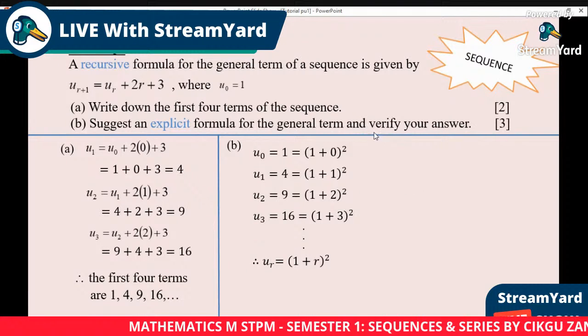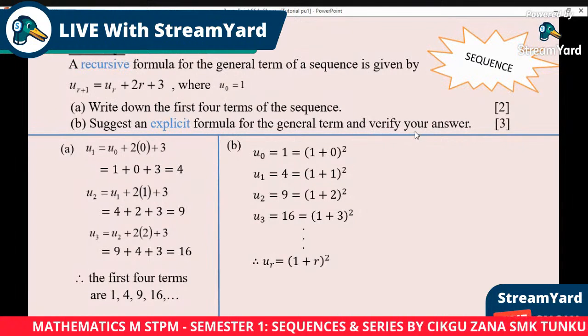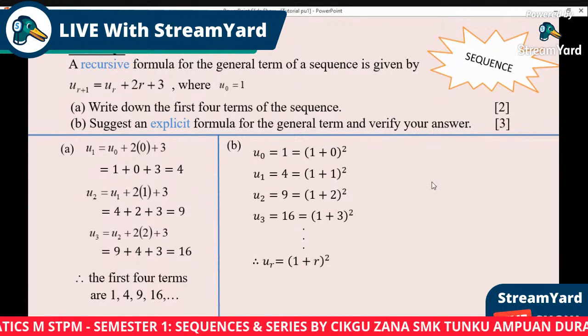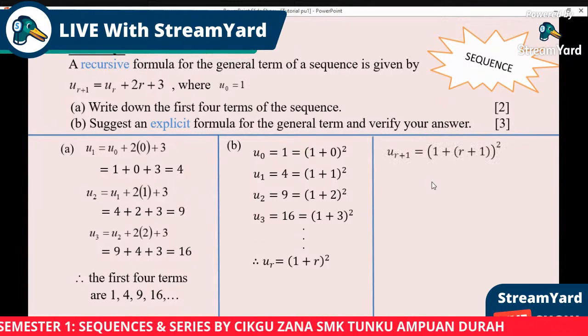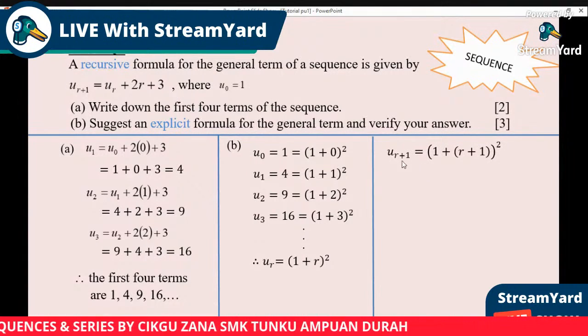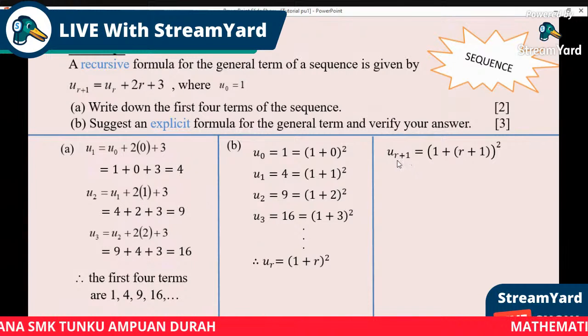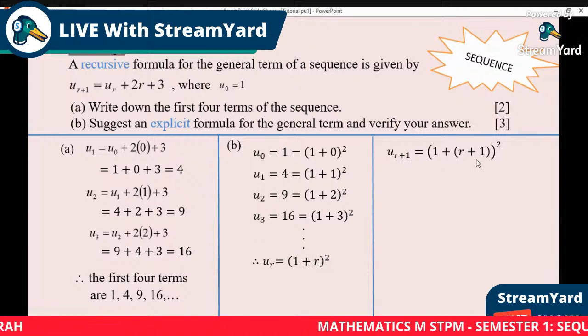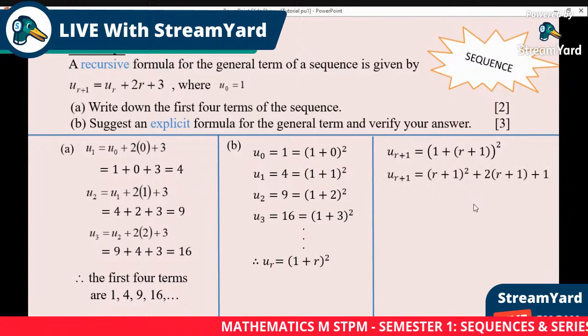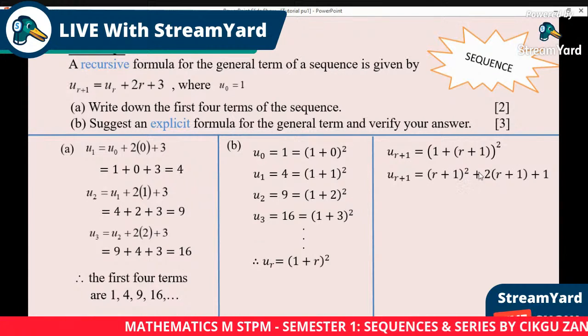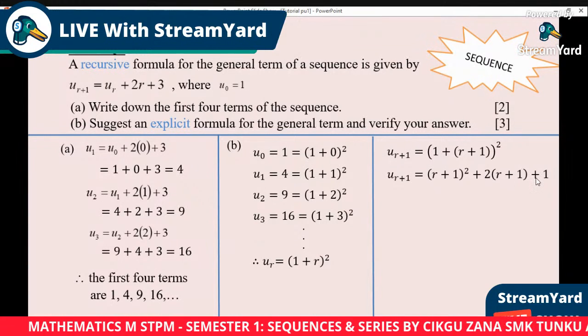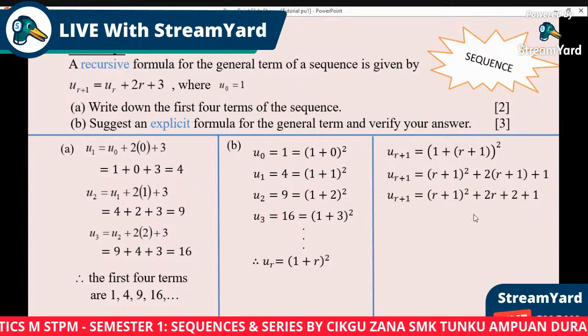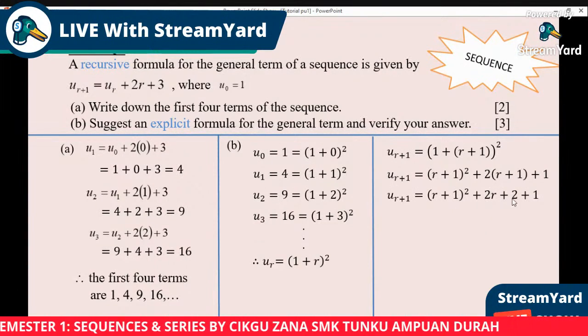And then you have to verify your answer. So how do you verify your answer? Find the r plus 1 term. How do you get the r plus 1 term? You substitute into the formula. r becomes r plus 1. So we have 1 plus r plus 1 squared, plus 2r plus 1. Many of you got 2. Then you expand it.